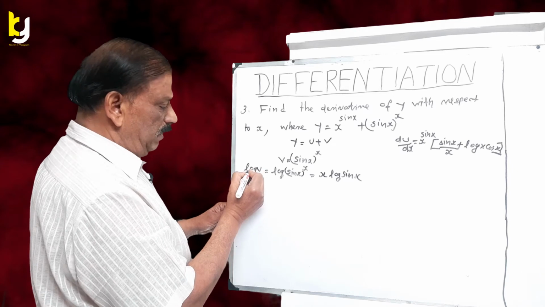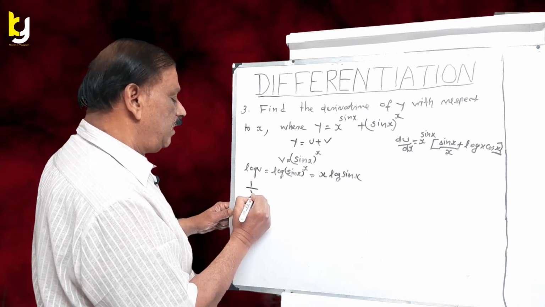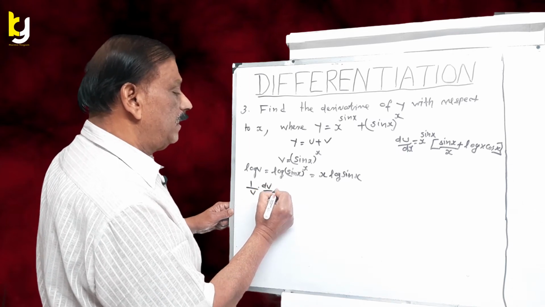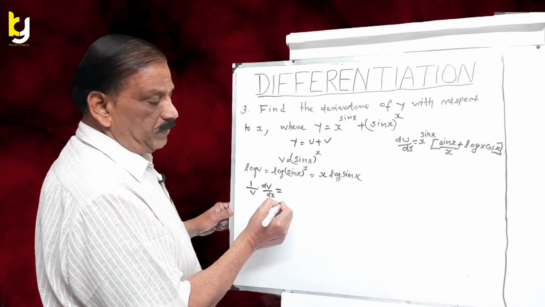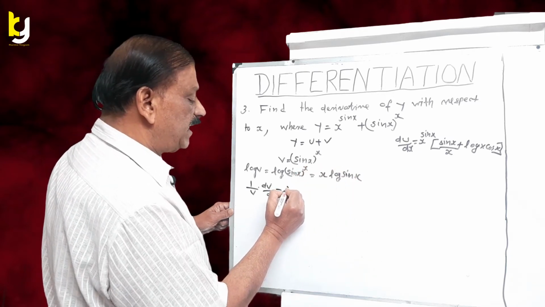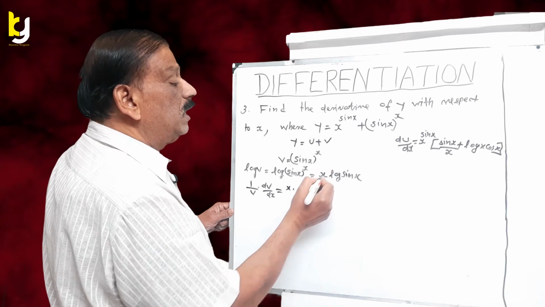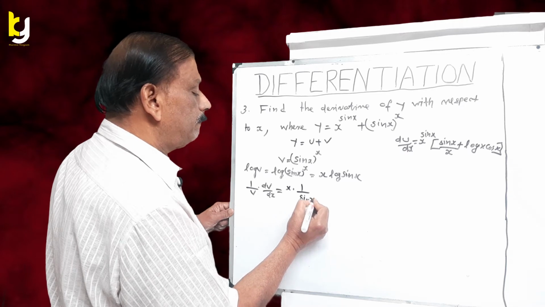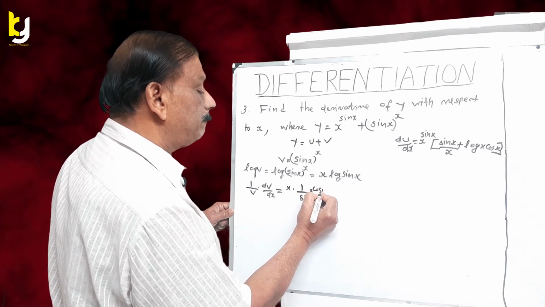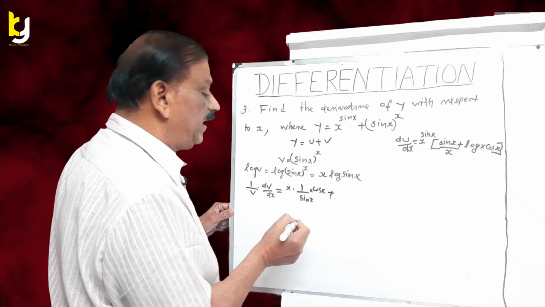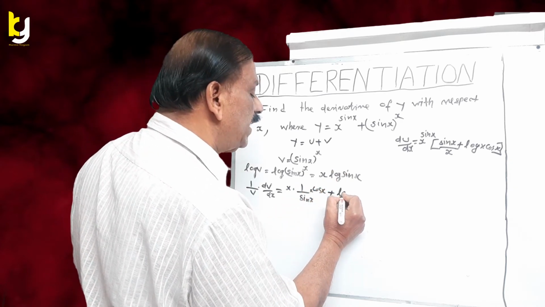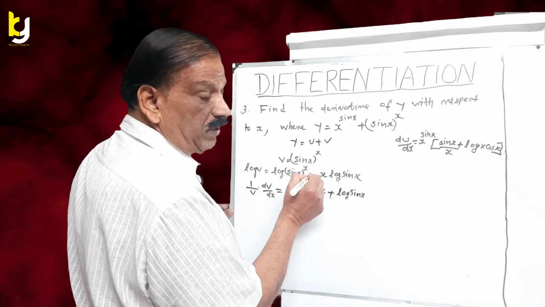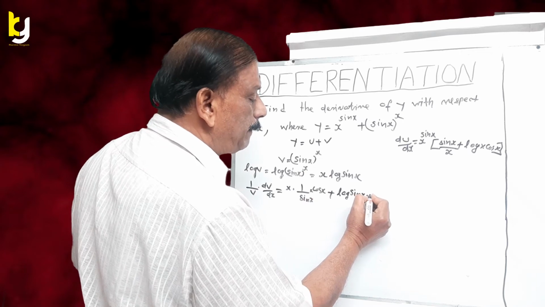Differentiate. So, d by dx of log v equal 1 by v into dv by dx equal product rule, u into dv by dx, that is x into d by dx of log sin x, that is 1 by sin x into cos x, plus v into du by dx, that is log sin x into d by dx of x, that is 1.